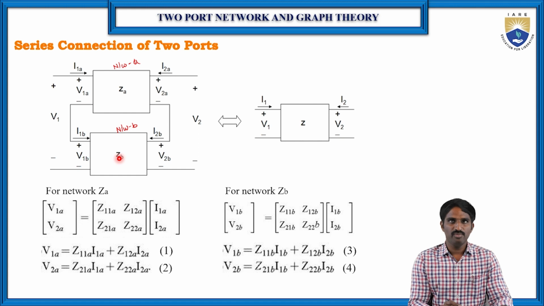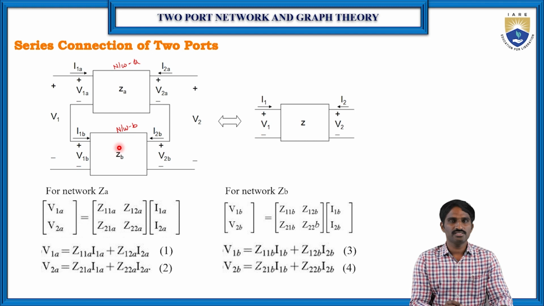Then for ZB, I1B and V1B are the input current and voltage for the network ZB, and I2B and V2B are the output current and voltage for the network ZB.